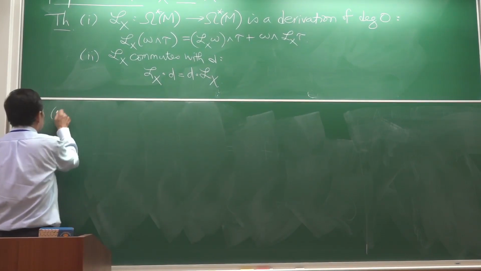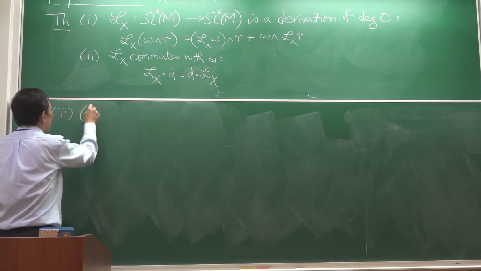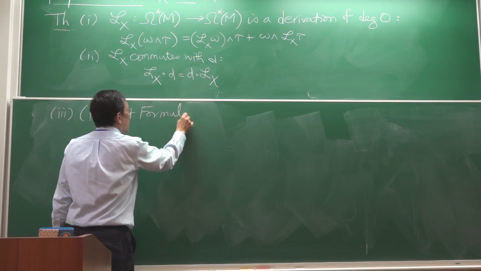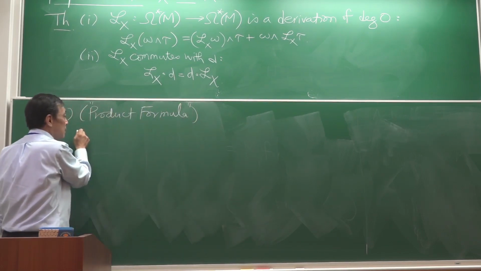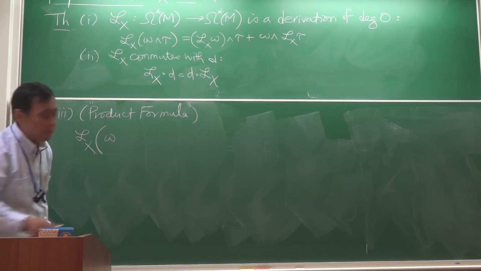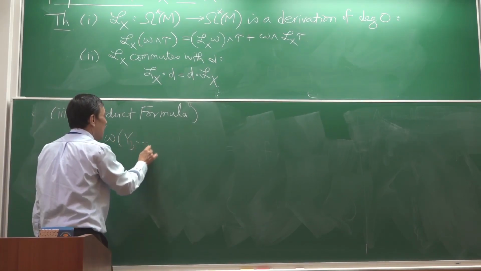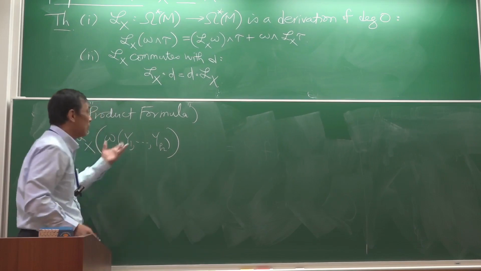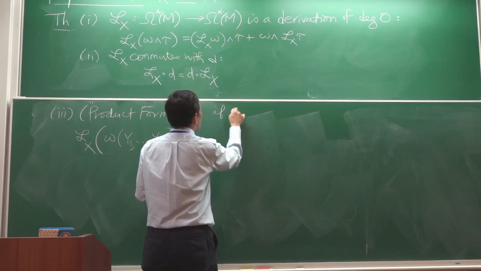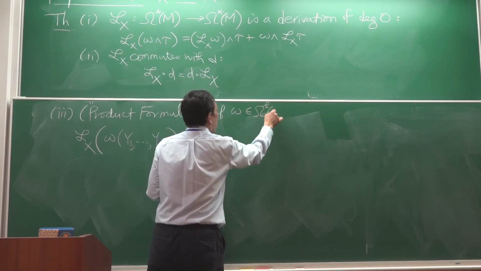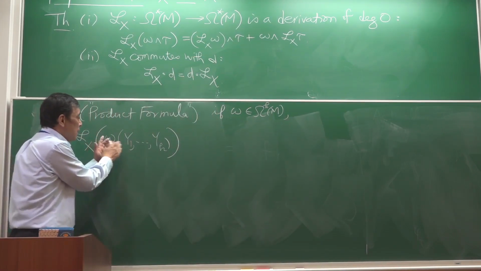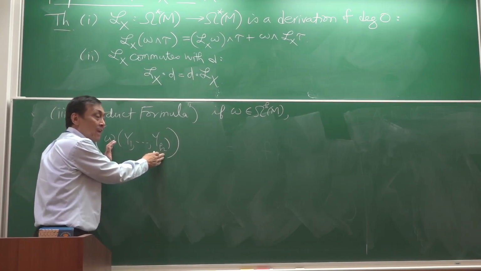Well, I call it a product formula because it looks like a product formula, but it's not really. These are not really products. So if you take the Lie derivative of omega of y1 to yk, where omega is a k form and the rest are vector fields, then omega applied to y1 to yk is a function.